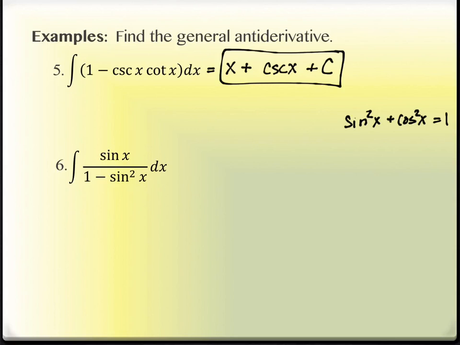Now, I know that there doesn't appear to be anything in the denominator that says cosine squared. I understand that. But what that means is that this sine squared bit over here just needs to move to the other side, and then it will look like this. So if I subtract sine squared to the other side, I will have 1 minus the sine squared of x. And that's what I have in the denominator. This is exactly my denominator, right? So what that means is that I can replace the denominator with cosine squared.